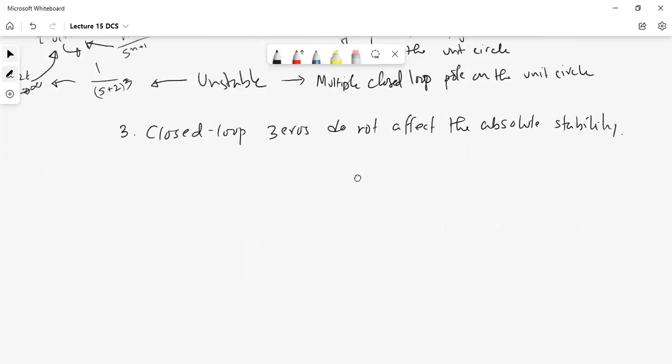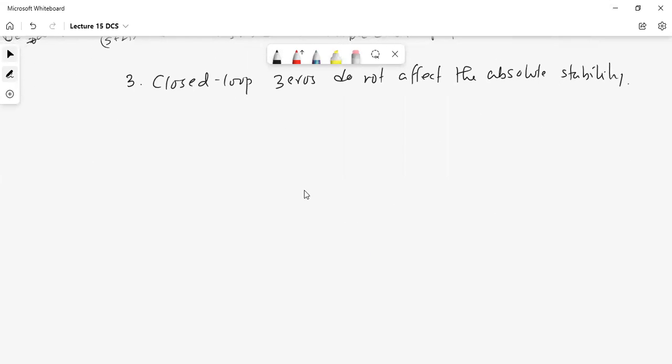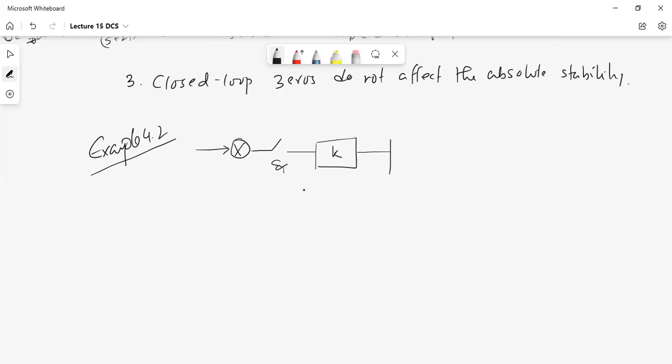Now, since we know that, let us solve one problem and check how to find out whether the system is stable or not. Example 4.2. As you can see, a closed loop system is given, and a sampler is there. Then you have a proportional gain k, and a sample and hold, which is represented by (1 minus e to the power minus s) by s.